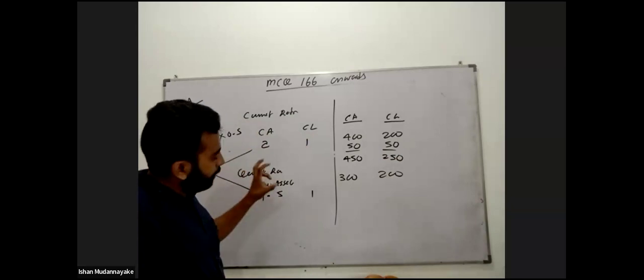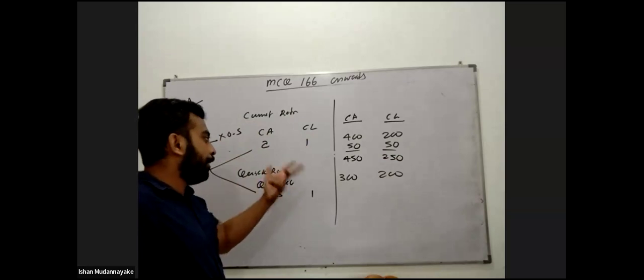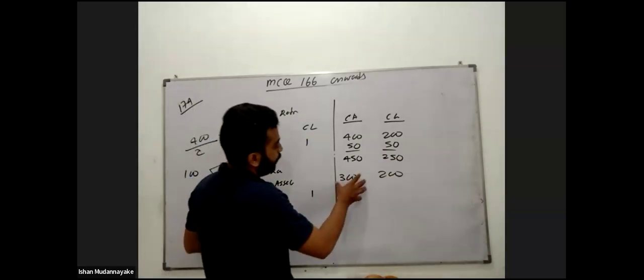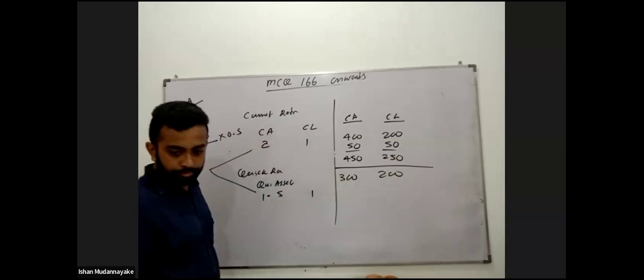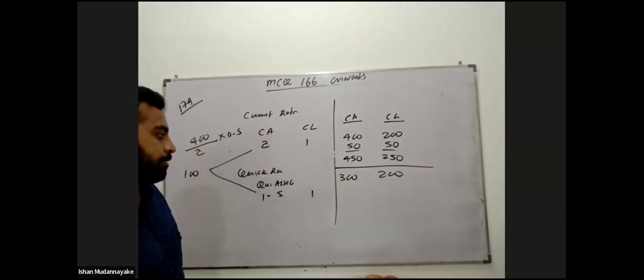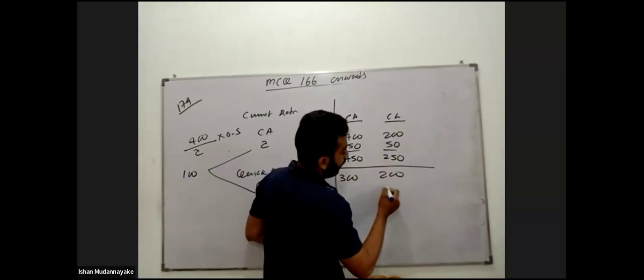If you record this 50 stock purchase, there is no impact to quick assets, because we don't count stocks. But there is an impact to current liability, plus 50.